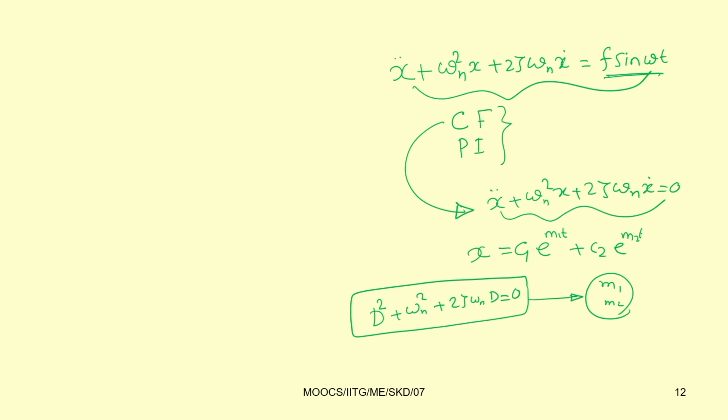After getting the complementary part, you can solve for the particular integral also. The particular integral is the solution obtained by taking the forcing term on the right hand side, and that solution you also already know. So, the total solution x will be the complementary part plus the particular integral.